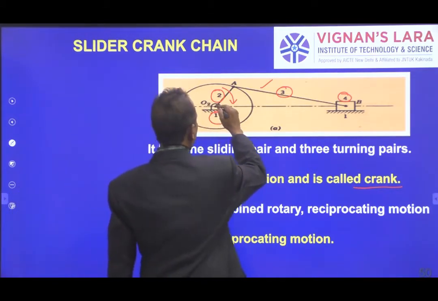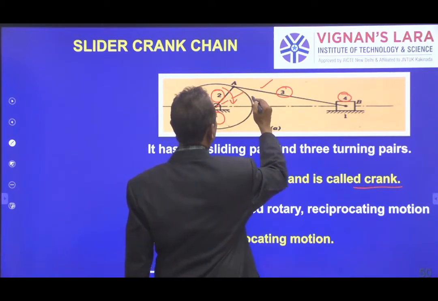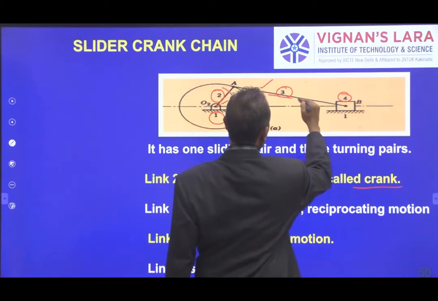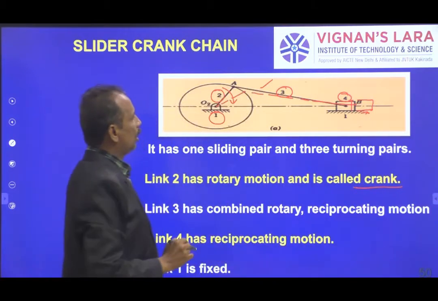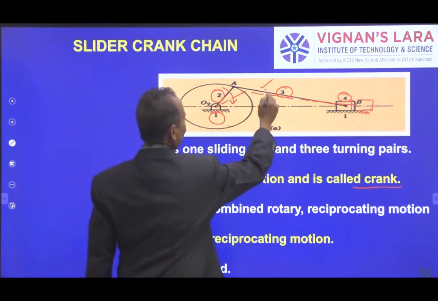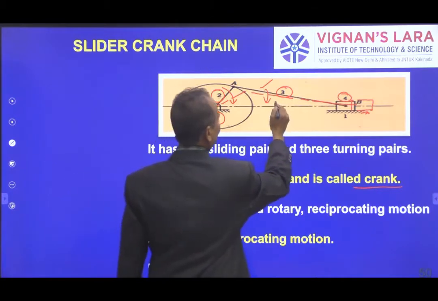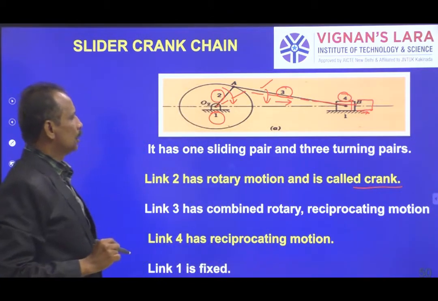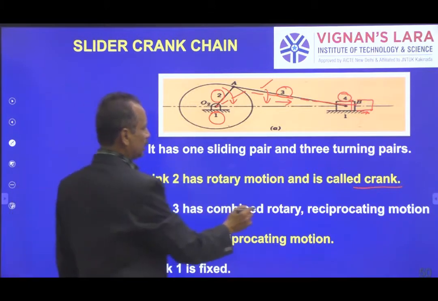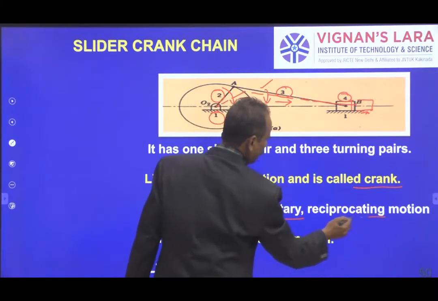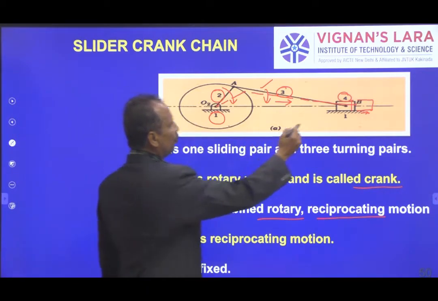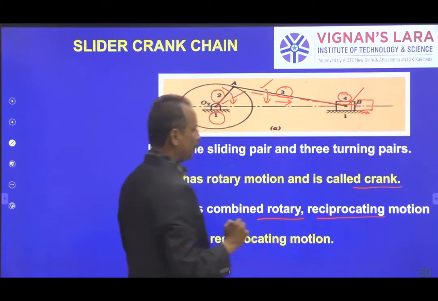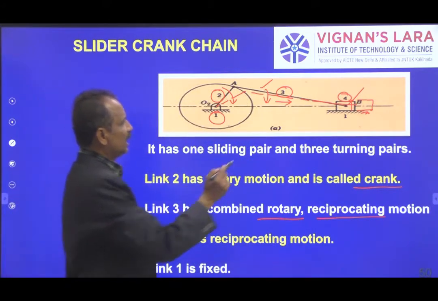Say this is the position now, then the slider will move like this, and the coupler will revolve as well as reciprocate. So it will have two motions, rotary motion and reciprocating motion. And finally, link 4, which is called the slider, reciprocates.